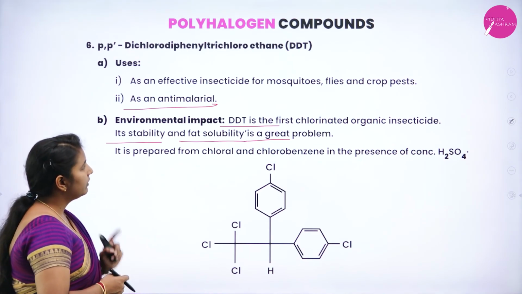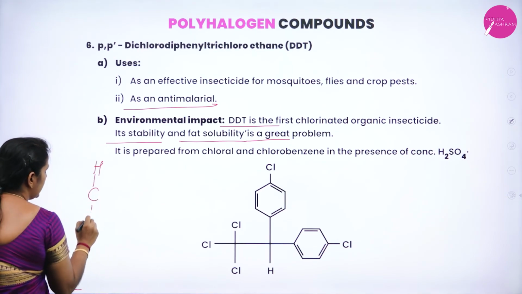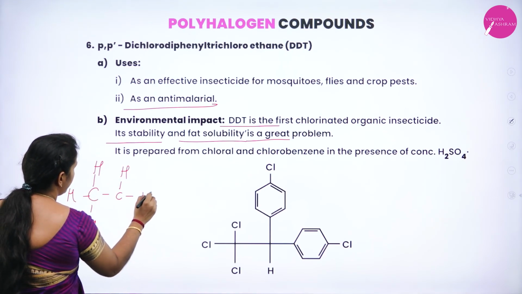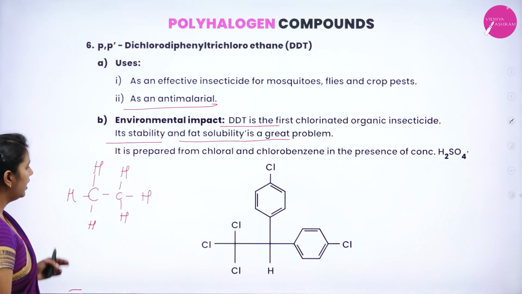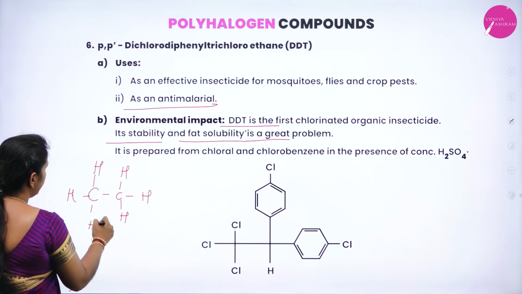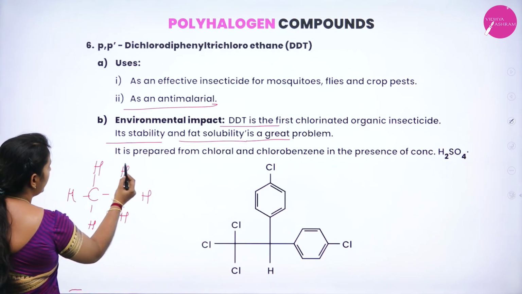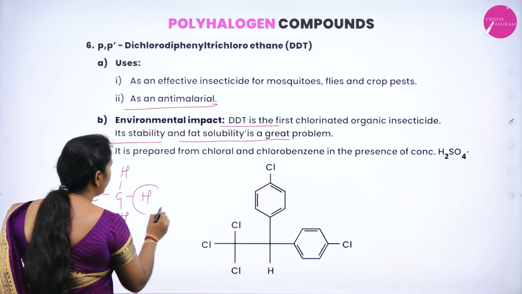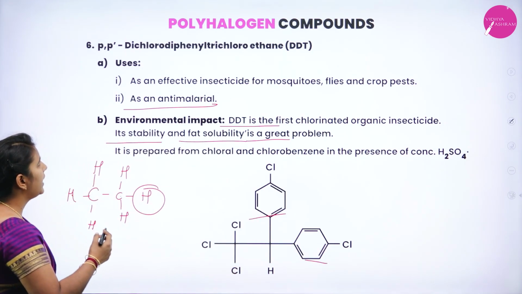Okay, so why is it known as ethane? You can see that the ethane structure is CH3 CH3. You can see that if this carbon consists of 3 hydrogens, and all the 3 hydrogen atoms are replaced with chlorine, and one of the hydrogens has been replaced by chlorobenzene, and another hydrogen replaced by chlorobenzene, hence the name, known as what?